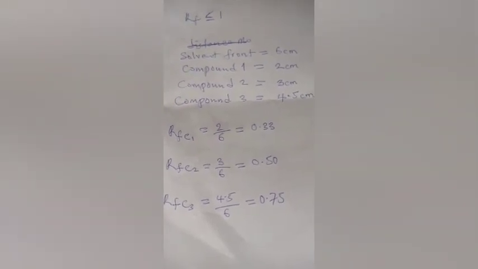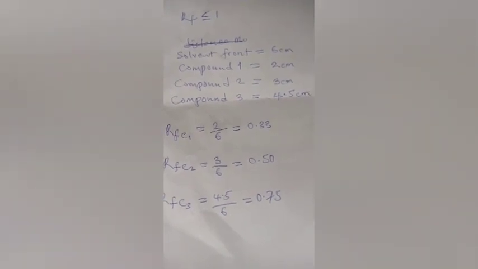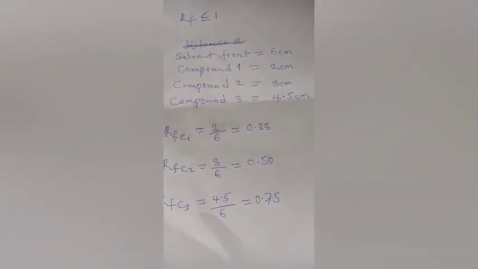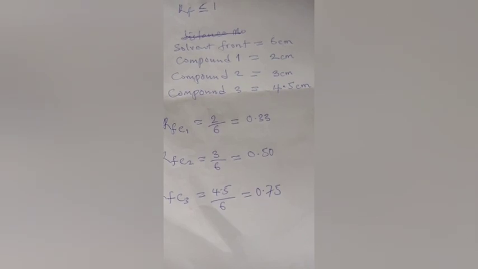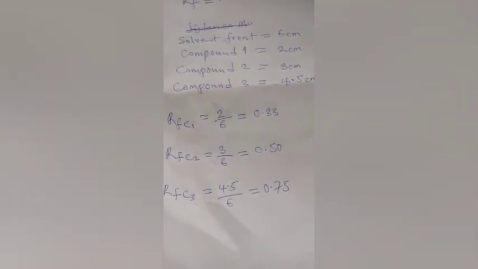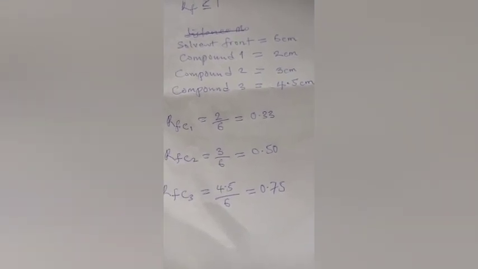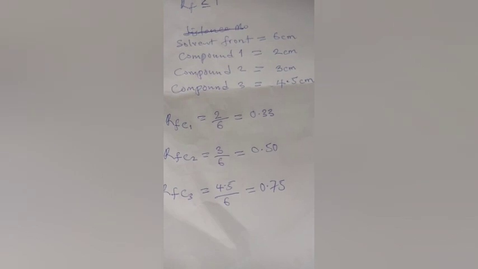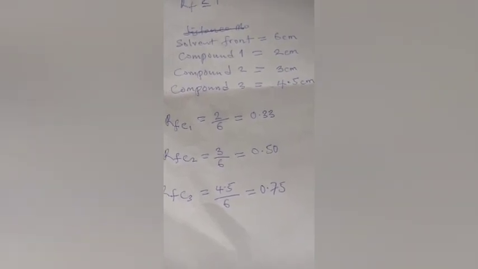For instance, where you have different compounds, let's say compound 1, compound 2, compound 3, or compound 4 as the case may be, where the compounds in that mixture is more than 1, you mark the color boundaries. Thereafter, the next thing you do, you measure the distance moved by each compound.